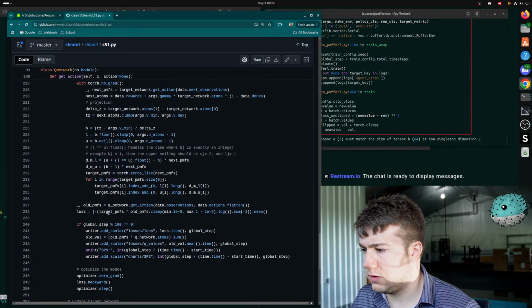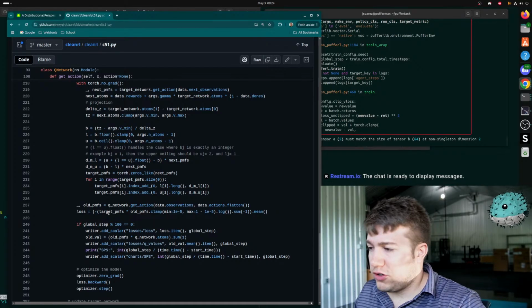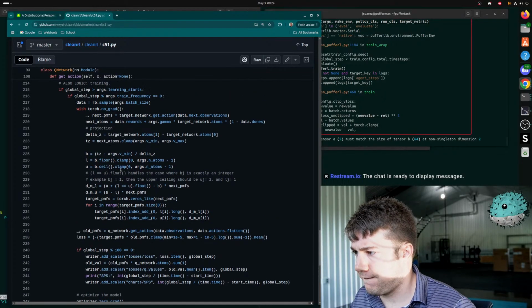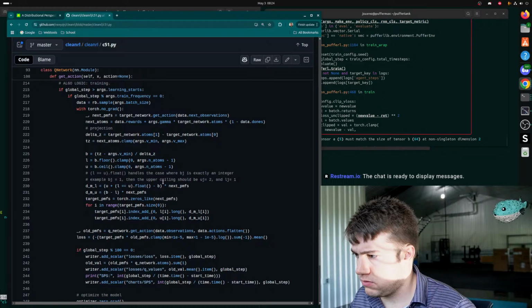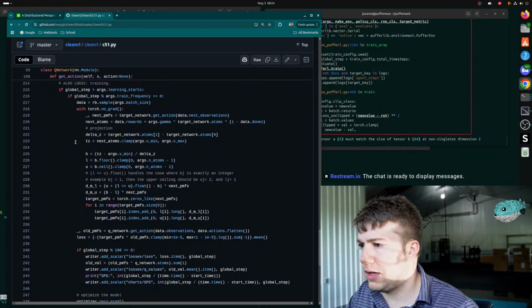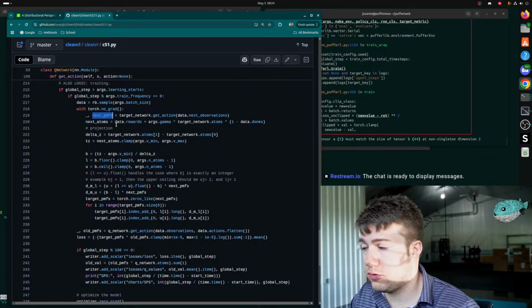There's going to be a difference here between the Q-learning version and our on-policy version. So let's see what we have so far. We get the probability distribution over actions.